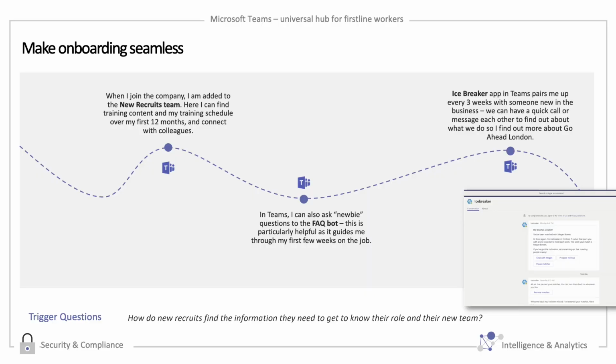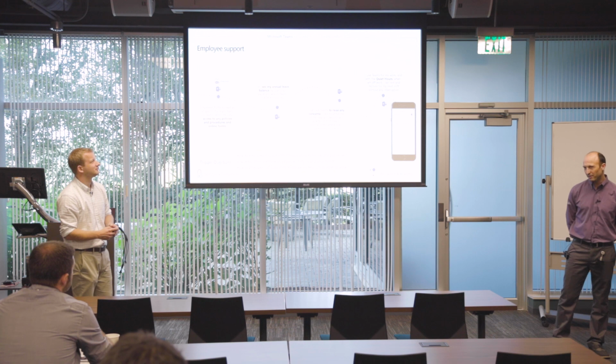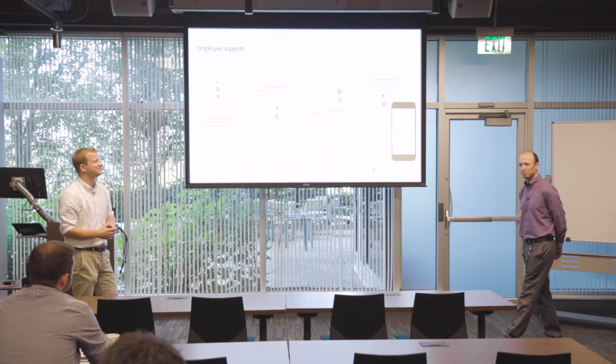Here's onboarding again, putting them in the right team, using the FAQ bot, which we talked about earlier. That's that app template, making sure that they can ask questions and get the responses quickly, and then Icebreaker, giving them the opportunity to connect with peers they wouldn't otherwise. Icebreaker is honestly one of my favorite apps that I've seen us put out there beyond Company Communicator. It's an app that if you've got large teams or teams that are merging, right?